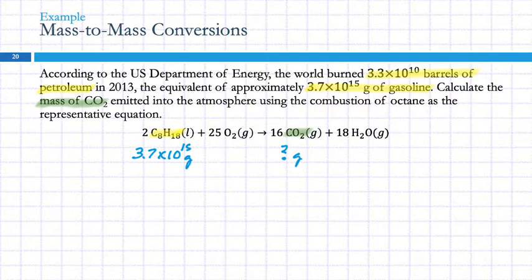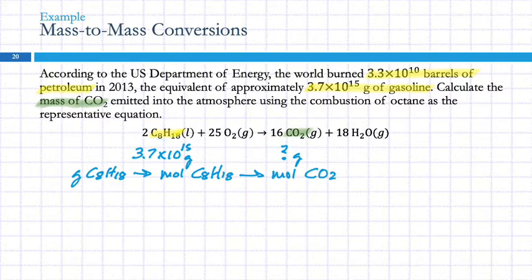It would be possible to go from grams of octane to grams of CO2, but you'd have to calculate a special conversion factor, which would in fact involve the very same steps that we're just going to write into the middle of an equation, and we're just going to do it all at once. So the path is grams of C8H18 to moles of C8H18 to moles of CO2 to grams of CO2.